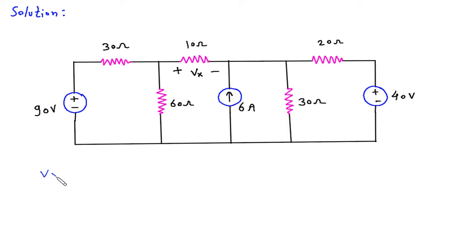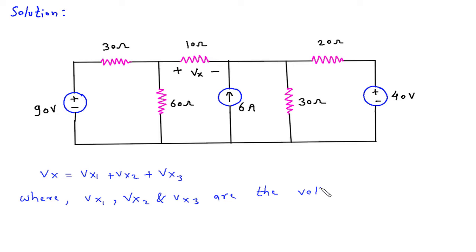So let's say Vx is equal to Vx1 plus Vx2 plus Vx3, where Vx1, Vx2 and Vx3 are the voltages due to the 90 volt, 6 ampere, and 40 volt sources respectively.